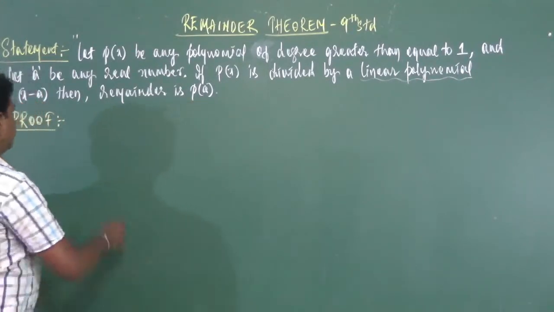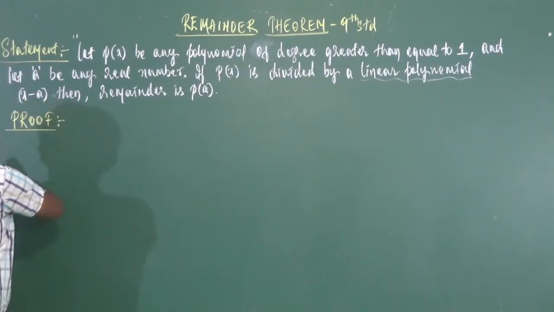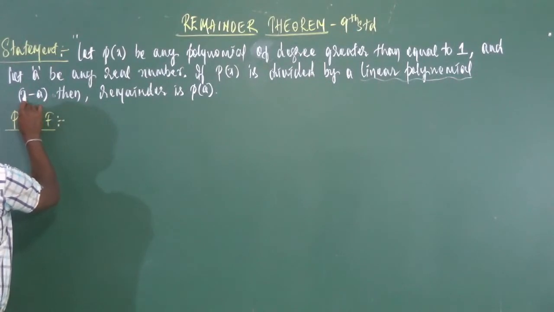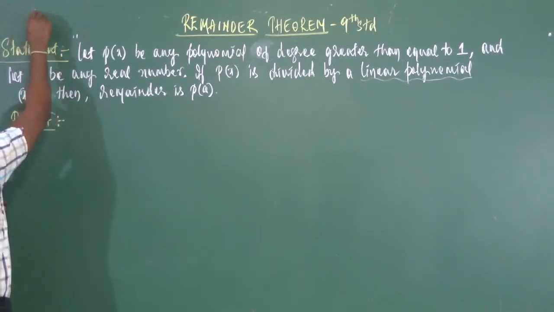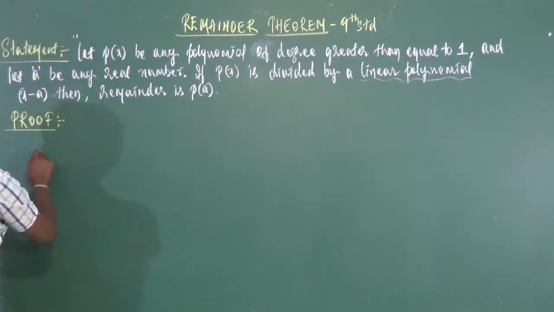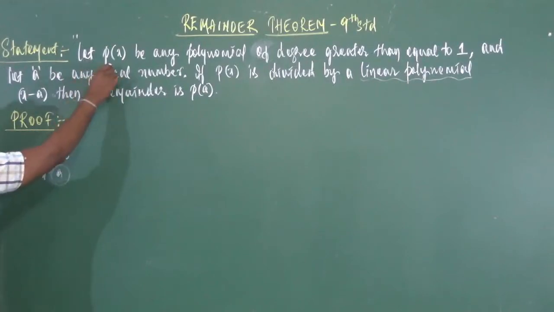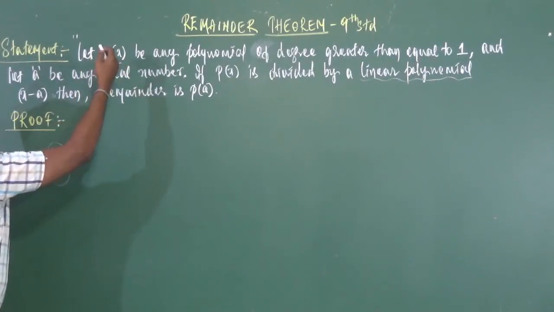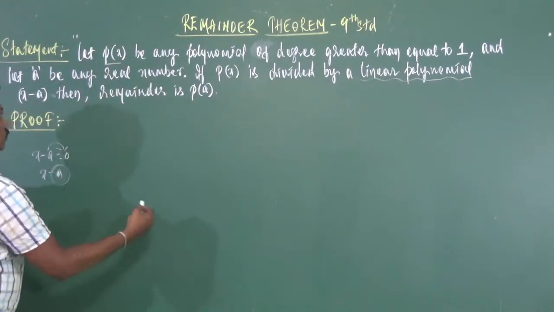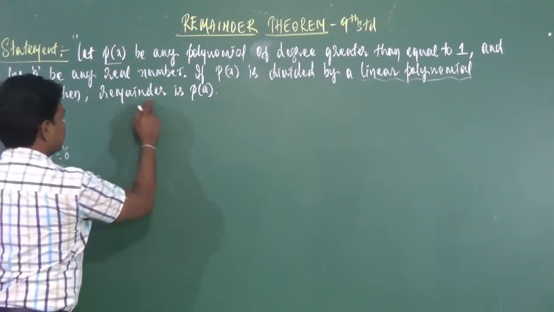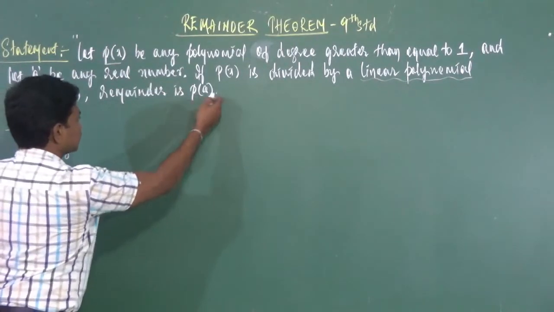What is that? If x minus a is equated to 0, then x will be equal to a. Very simple, I can show you here. x minus a should be equated to 0, so x will be equal to a. When this a is substituted in the polynomial p of x, then the value of the polynomial you are going to get is the remainder, that is, the remainder is p of a.